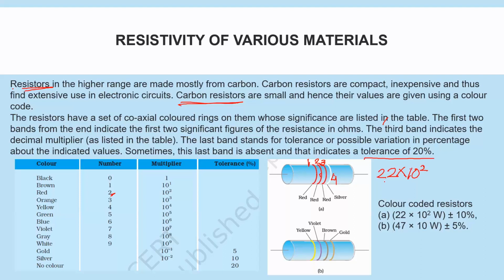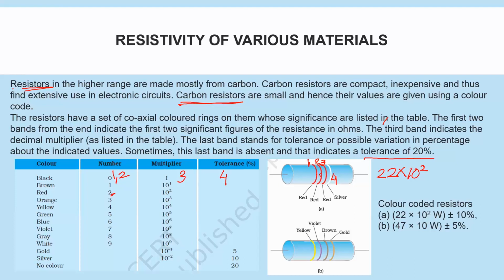Okay, and your last band is silver. So usually you see over here that the number column is going to give you the significance in the first two bands, band number 1 and band number 2. This is for the third band, and this is for the last band.